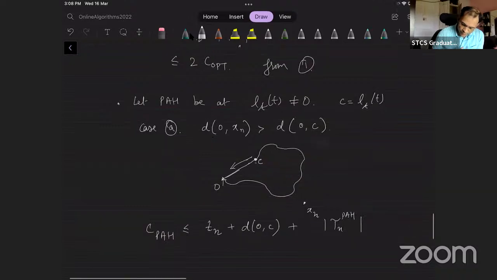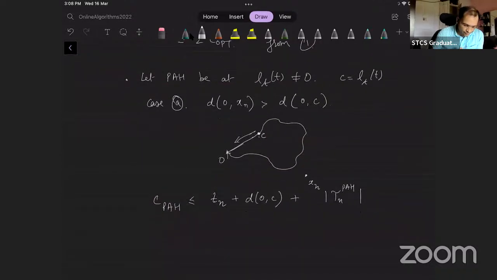So that's PAH's cost. Now what is OPT's cost? And this also, by definition, because this is true from 2, is at most Tn plus D0XN plus Tn PAH.